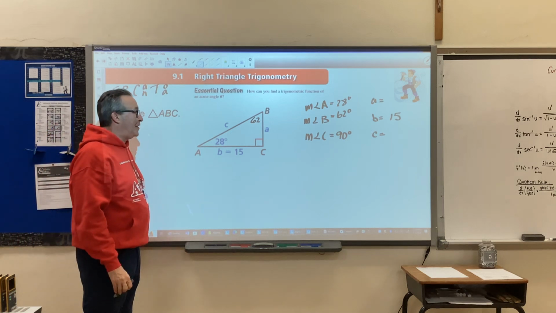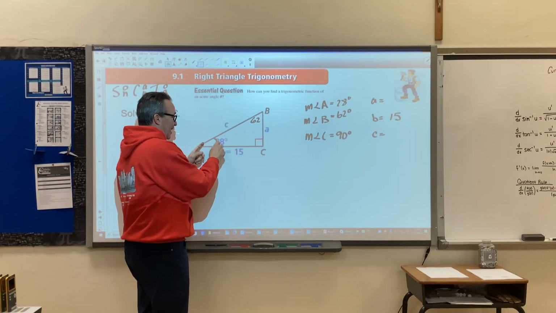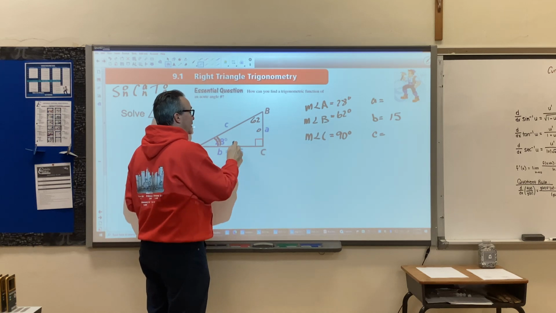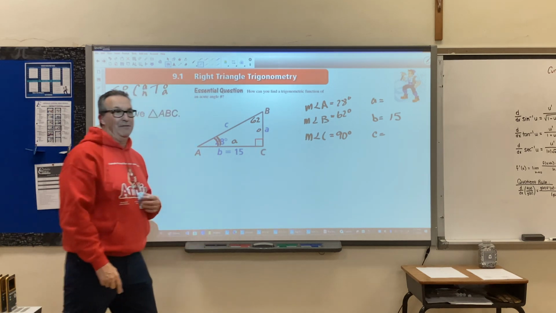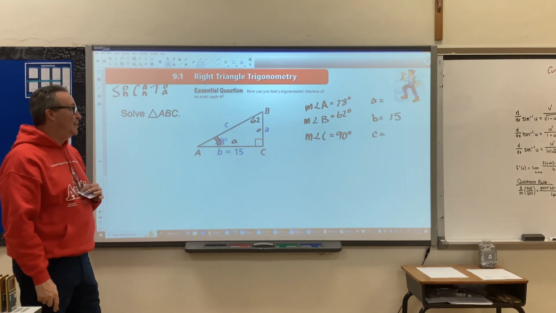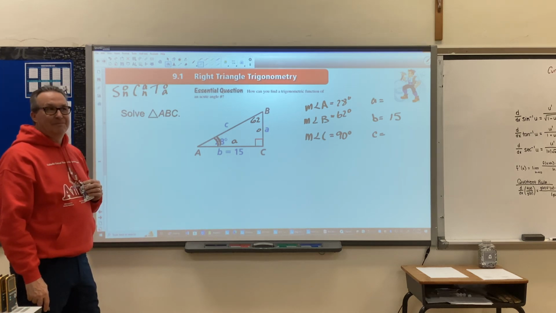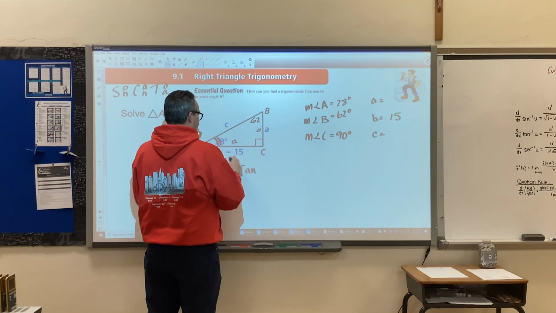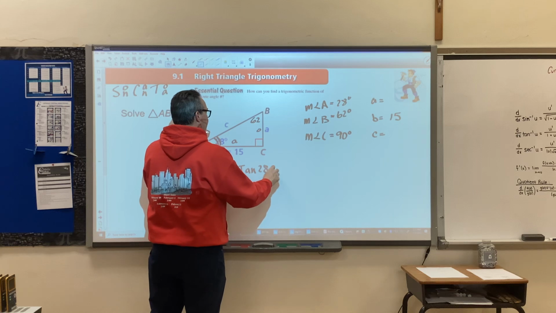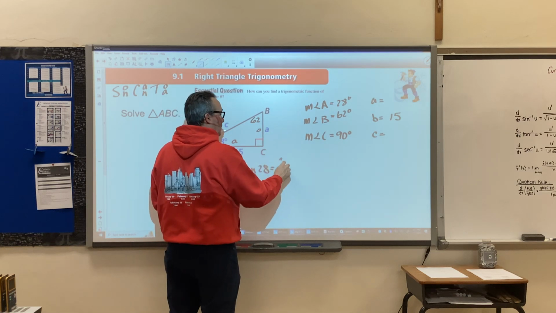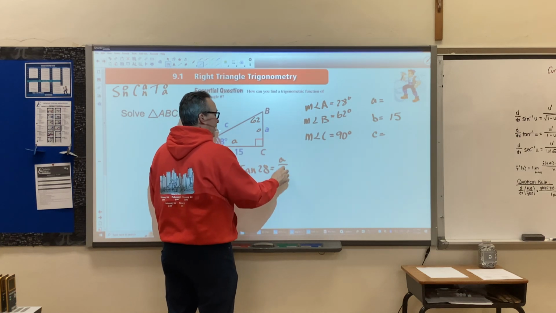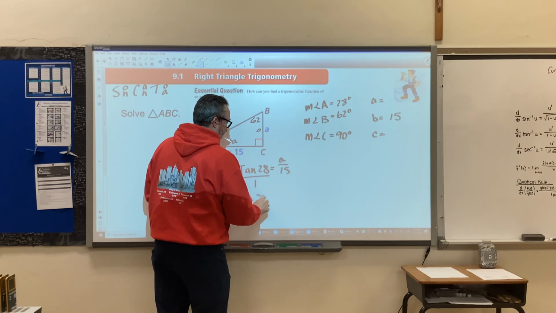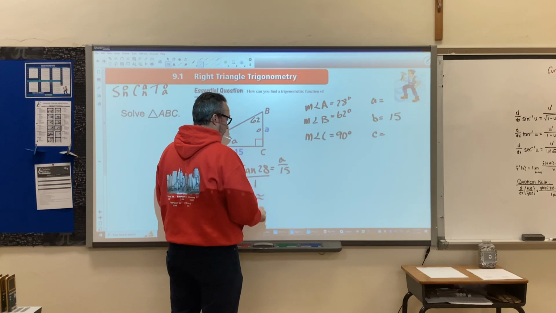If we're going to look for A, we're working with this angle. This is the side that's opposite, so we're going to have to use opposite and adjacent, which is what trig function? Tangent. Tangent of this angle 28 equals opposite A, which is what we're looking for, over the adjacent 15. And just cross multiply: A is whatever the tangent of 28 times 15 is.